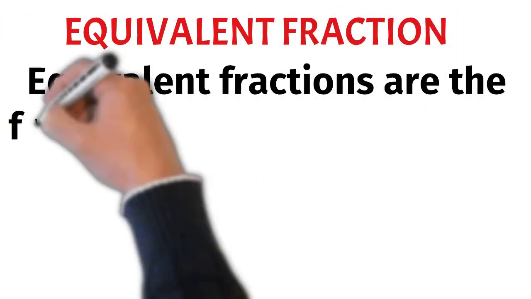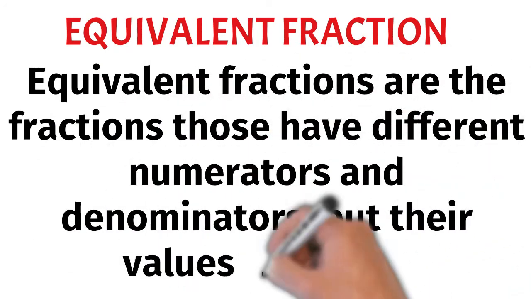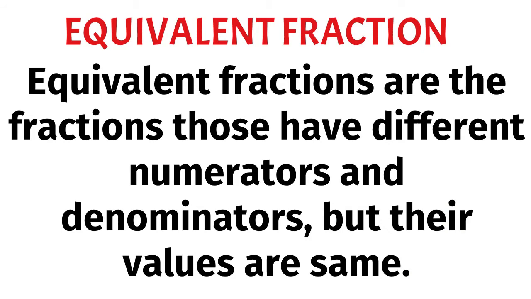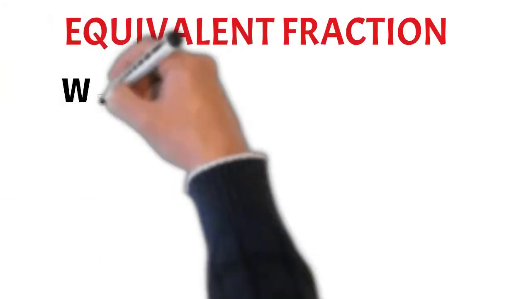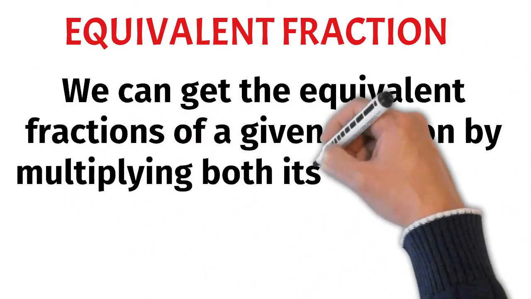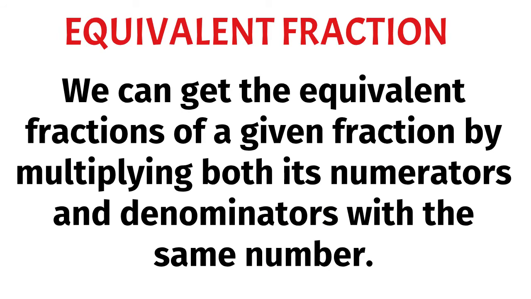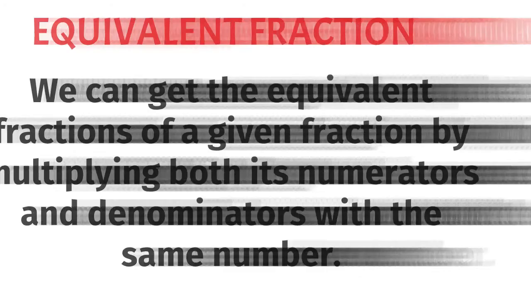Now, equivalent fraction. Equivalent fractions are the fractions that have different numerators and denominators, but their values are same. We can get the equivalent fractions of a given fraction by multiplying both its numerators and denominators with the same number.